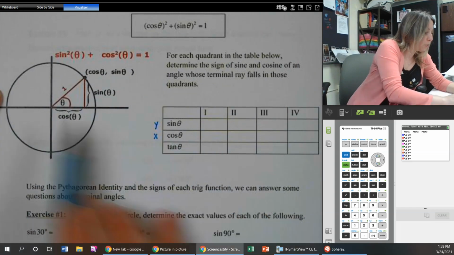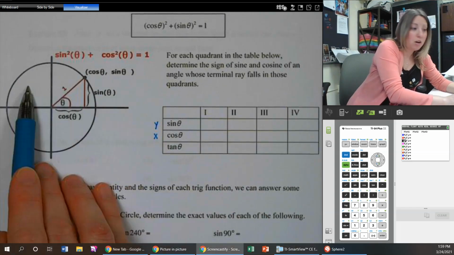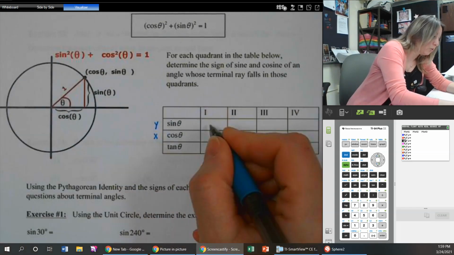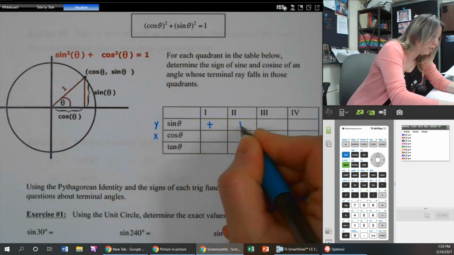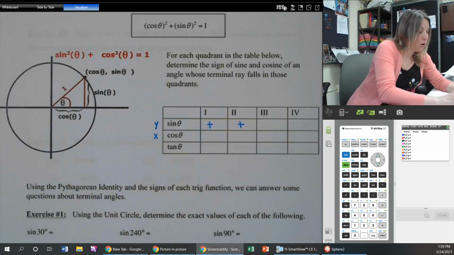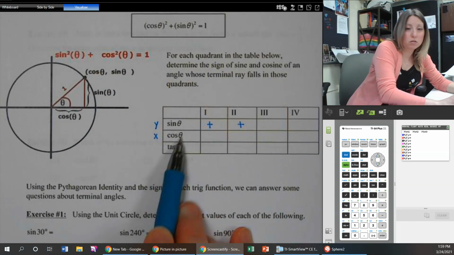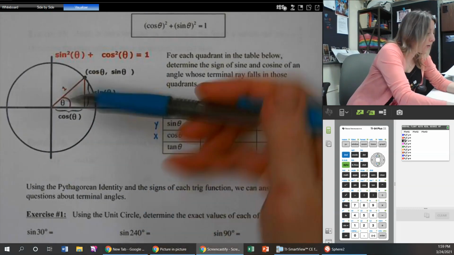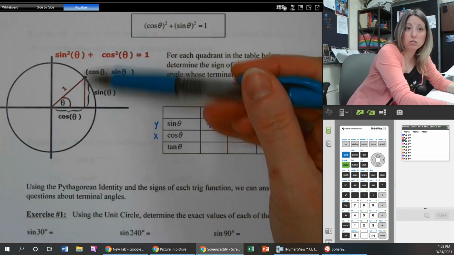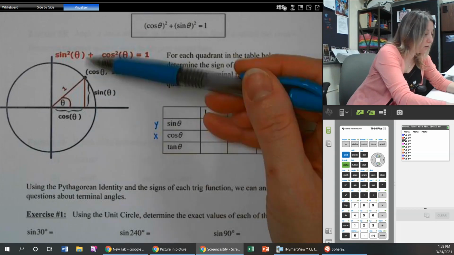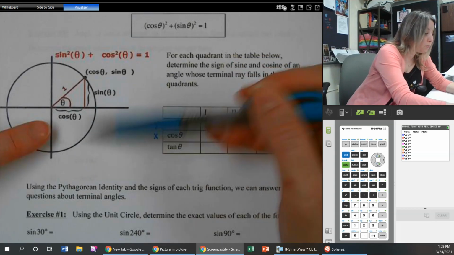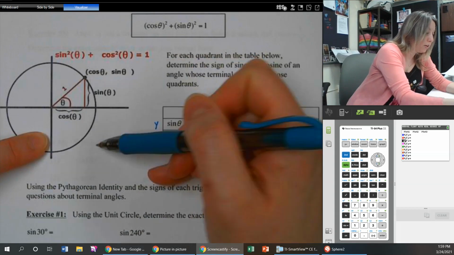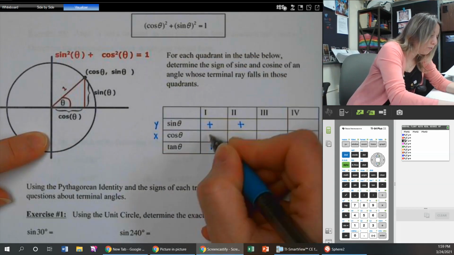Well, our y values are positive when we're up here, right? So that's quadrants 1 and 2. So sine is positive in quadrants 1 and 2. Where are x values positive? Well, x values are positive here and here. So that tells me that that's quadrants 1 and 4, for cosine.